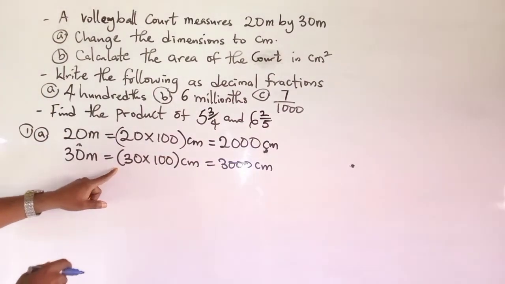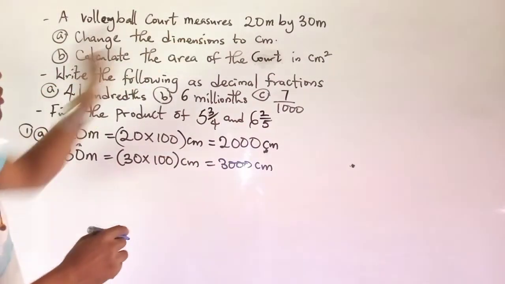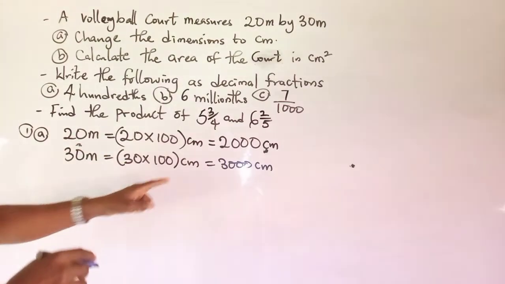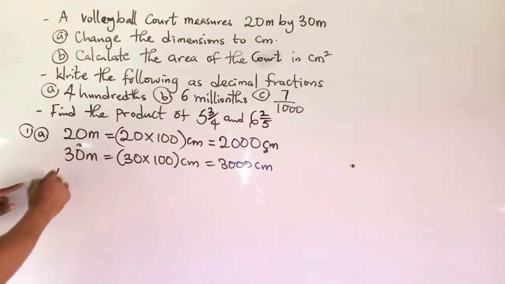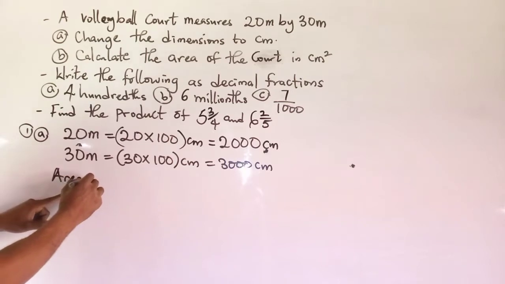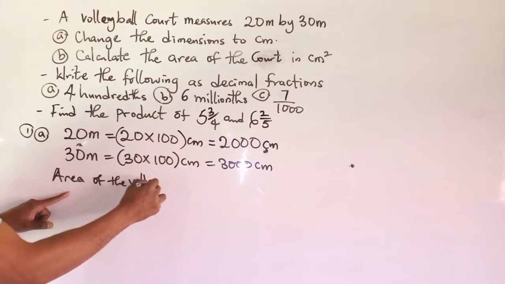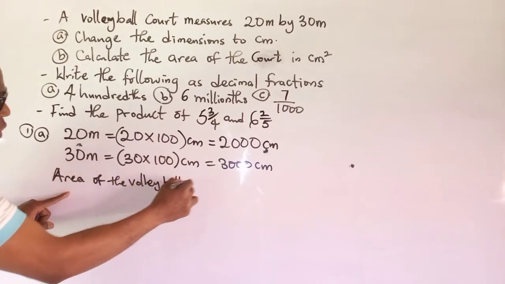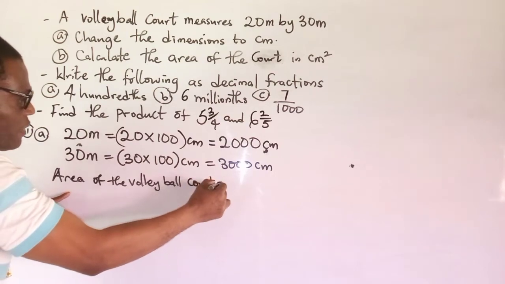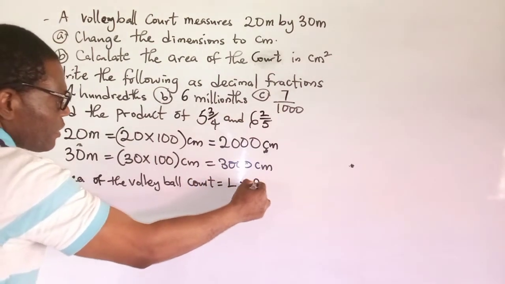Now we want to find the dimension. When we talk about dimension, we are saying that the area of the volleyball court is equal to length times breadth.